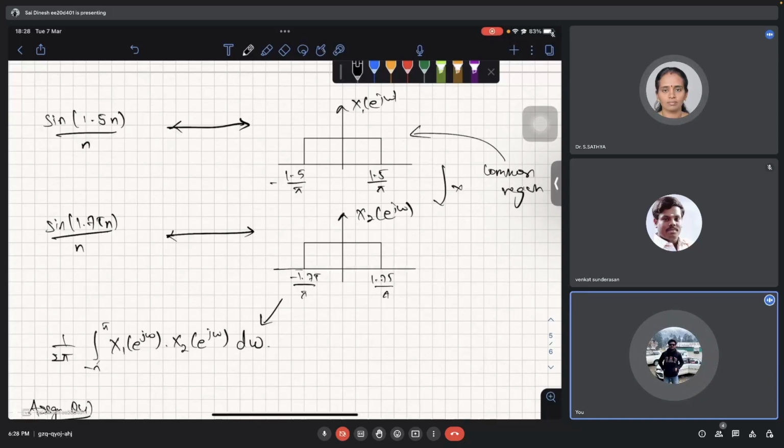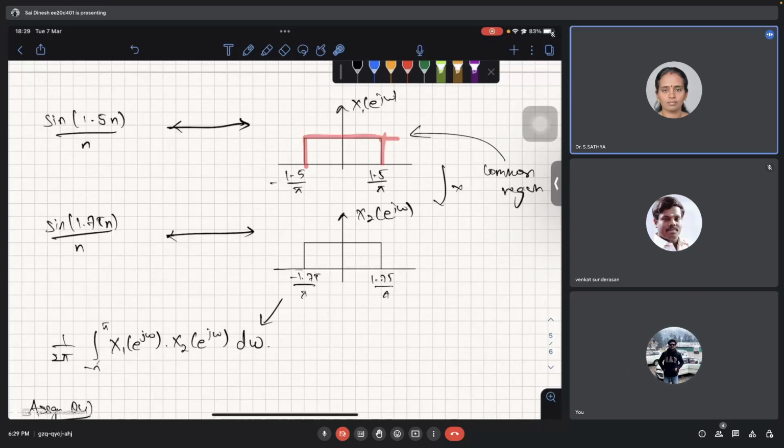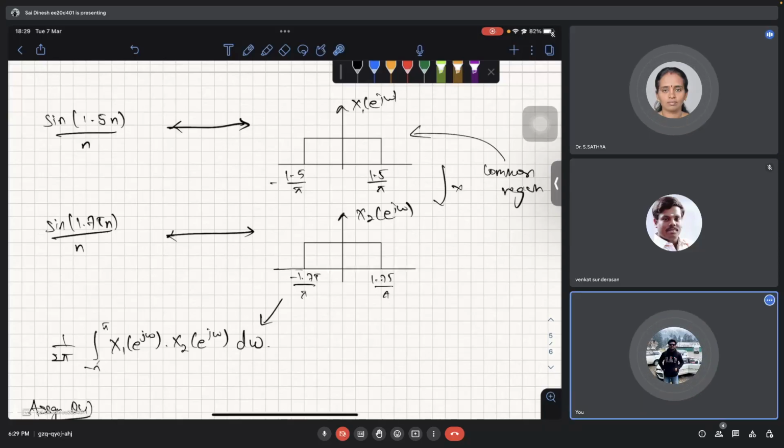If you multiply these two, this will be the common region left. So we need to take that range, minus 1.5 to 1.5, and solve it. Clear? Okay, sir.